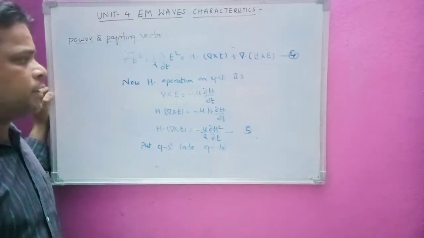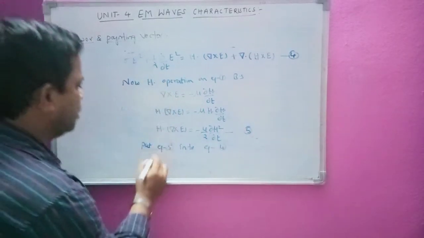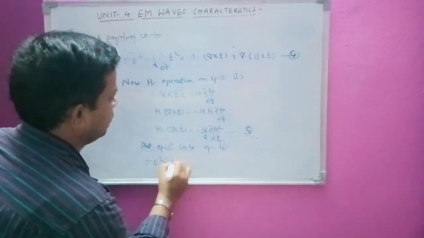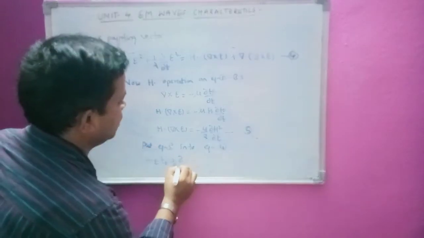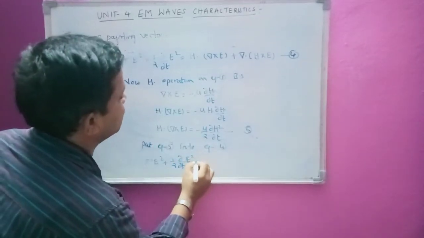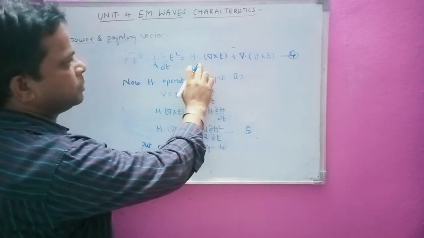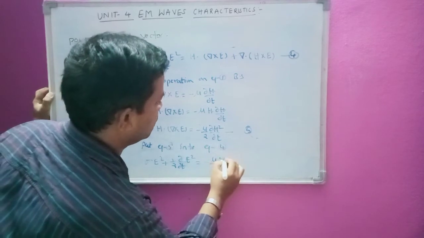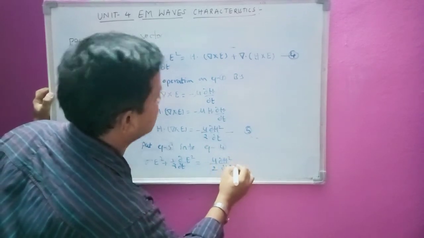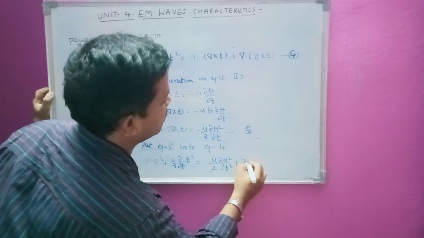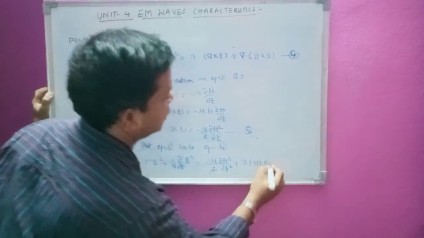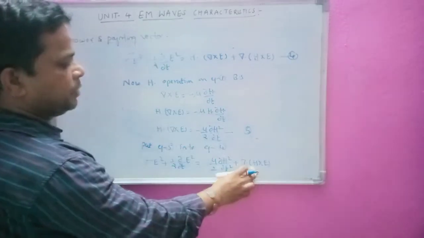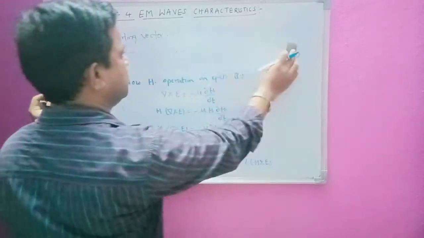After substituting, let us see what happened. We have got sigma E square plus 1/2 ∂/∂t of E square, that is equal to, substituting this equation, minus mu by 2 ∂H square by ∂t plus del dot (H cross E). Now let us rearrange this equation. I have to keep this on the left hand side and send the other terms to the right hand side.